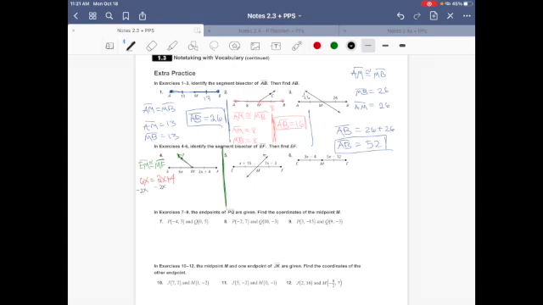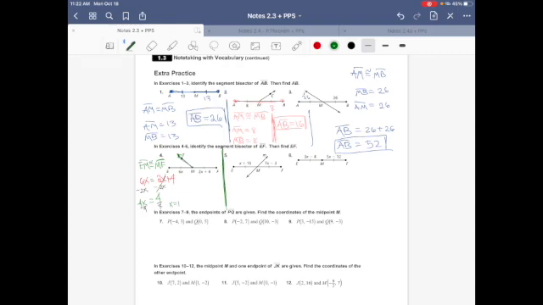So 2x minus 2x cancels out, leaves us with 4 equals, and then 6x minus 2x is 4x. If we divide both sides by 4, we get x equals 1.